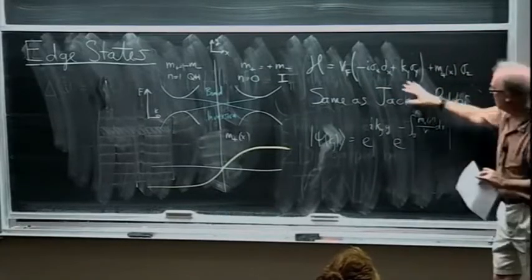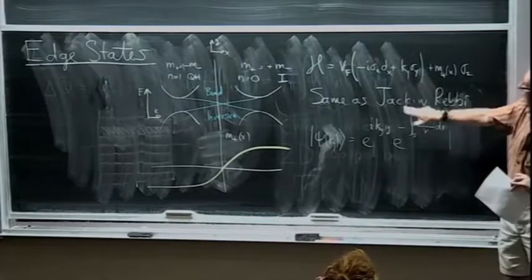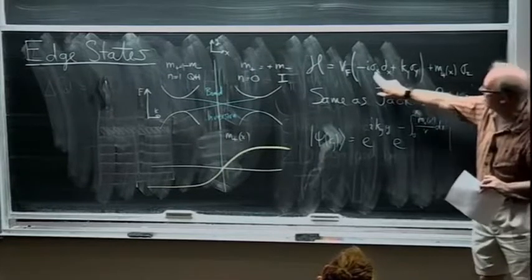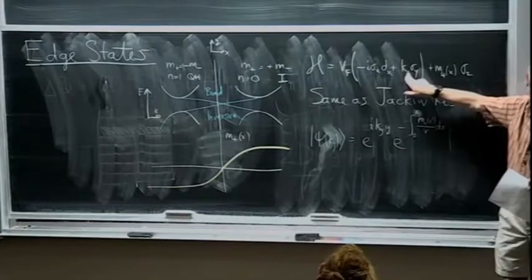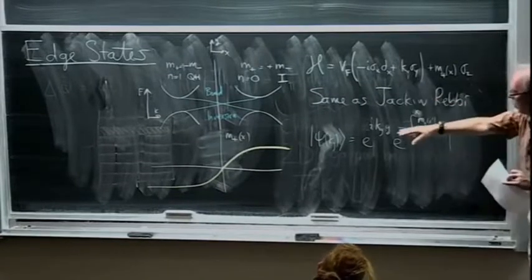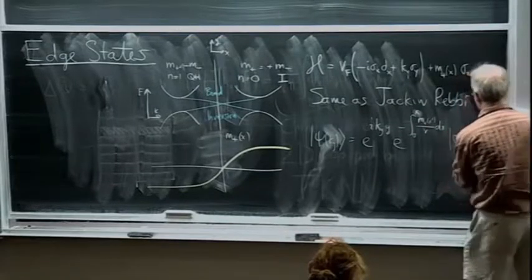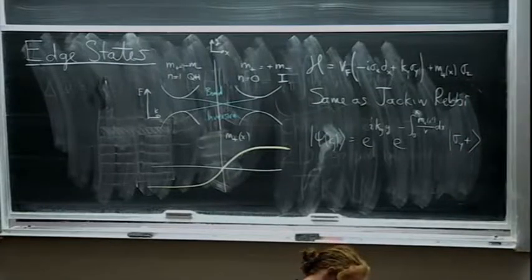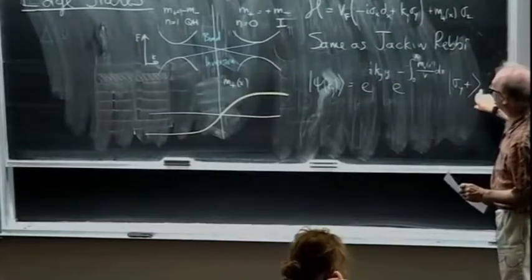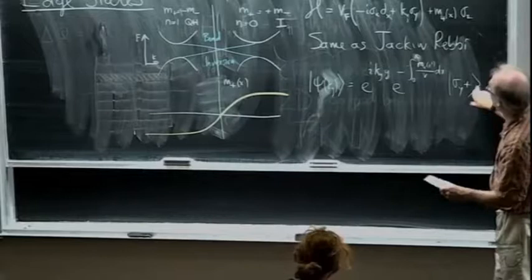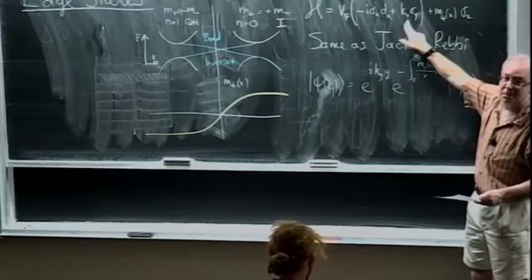So in particular, the zero modes are going to be eigenstates of the product of sigma x and sigma z, which is sigma y. Okay, so on one of the sides it's going to be, let me write it as sigma y plus, the plus one eigenstate of sigma y. Okay, and in particular, since that zero mode is the plus one eigenstate of sigma y, its energy is going to be plus Vf times ky.